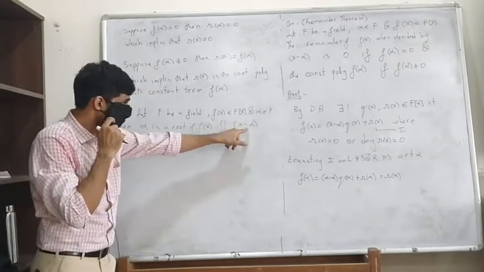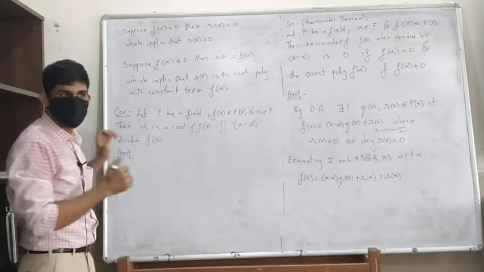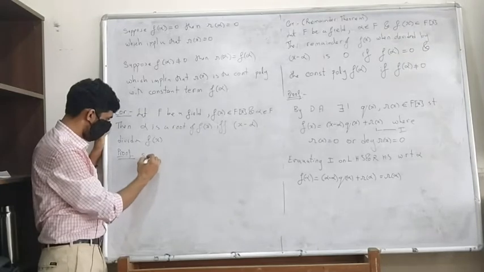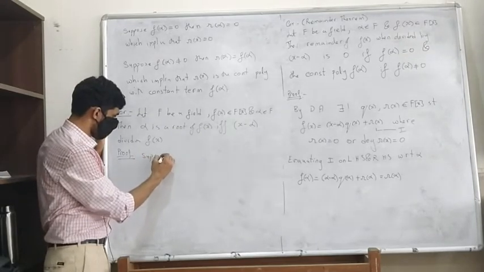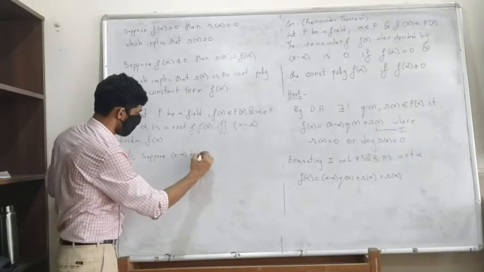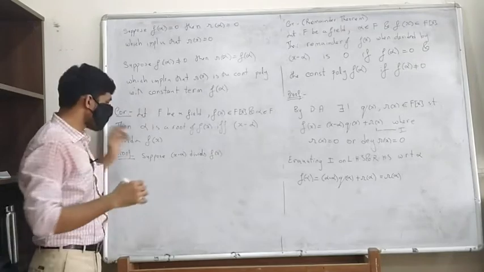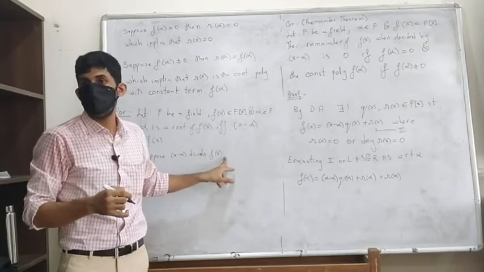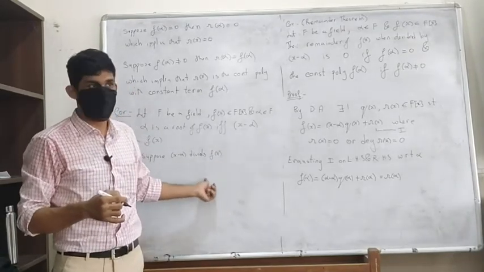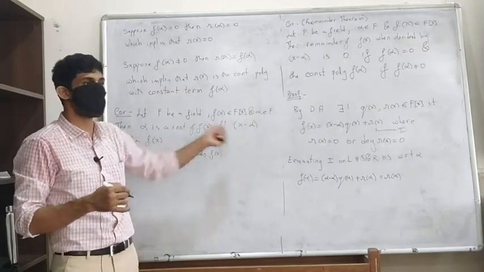One way is obvious. What do you mean by saying that x minus alpha divides f of x? It means that there is a polynomial in F[x] such that you can write f of x as x minus alpha times that polynomial.